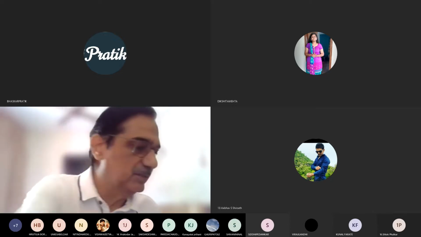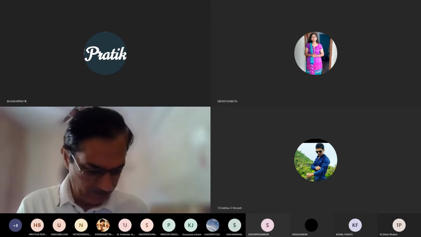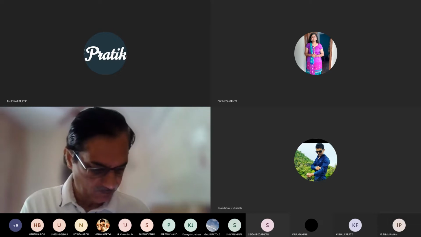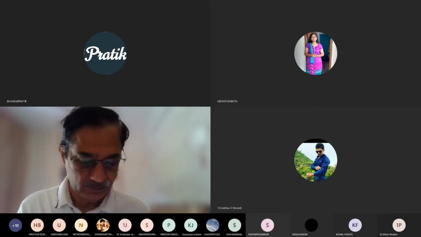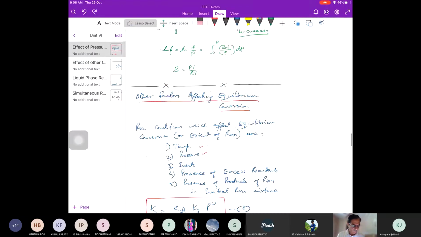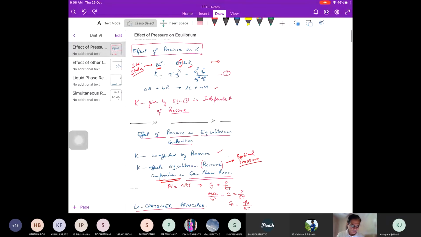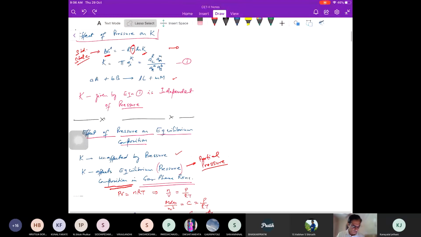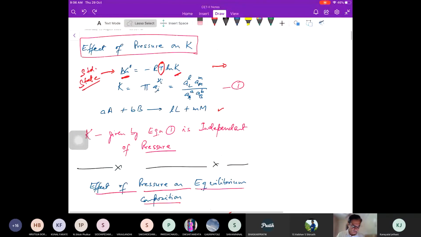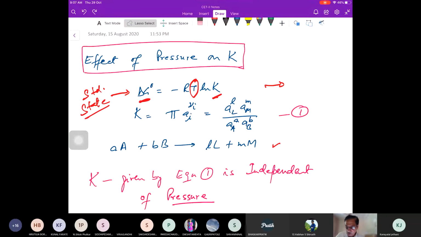Okay, anyway, I'm going to repeat it because that's an important topic and you need to understand it. Let's see. Okay, so we started looking at the effect of pressure on K, which is the equilibrium constant.